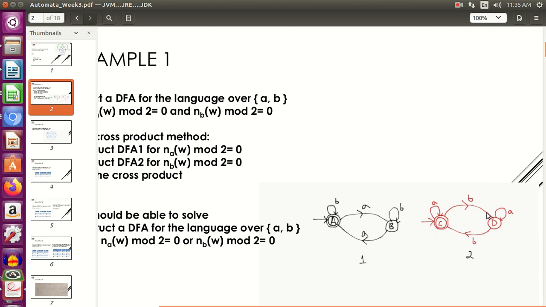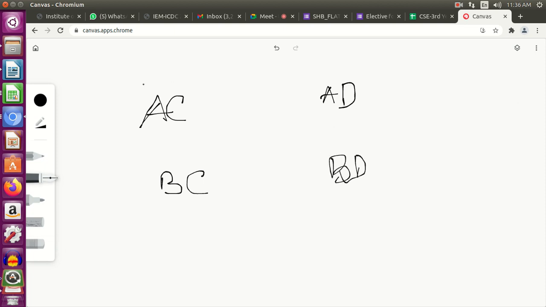So at first let me write down the states: AC, AD, BC, BD. These are the states in my cross product.